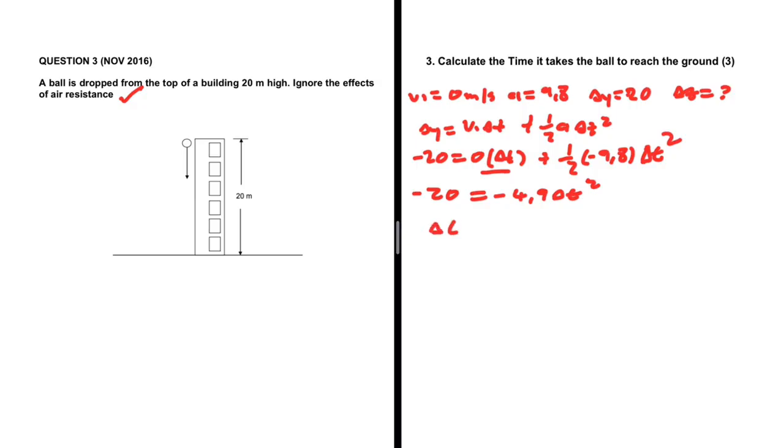We're going to have delta t squared being equal to 4.0816. So let me go ahead and take square roots on both sides. I'm going to have delta t being equal to 2.02 seconds. There we go. We have the time taken by the ball to reach the ground.